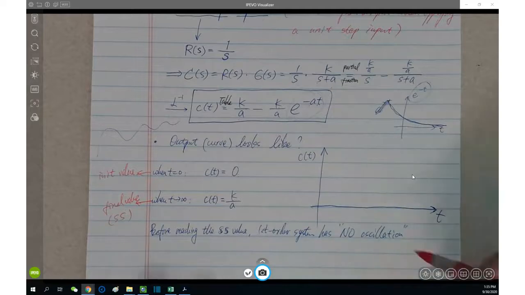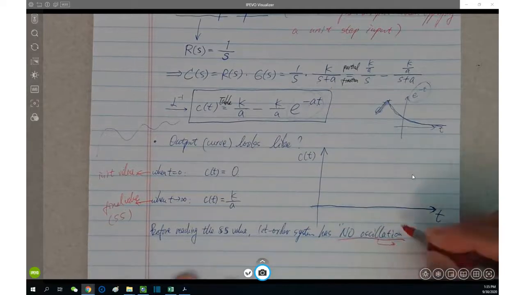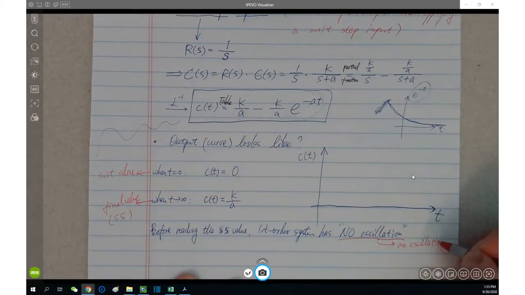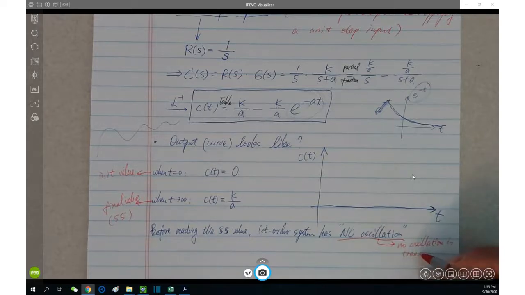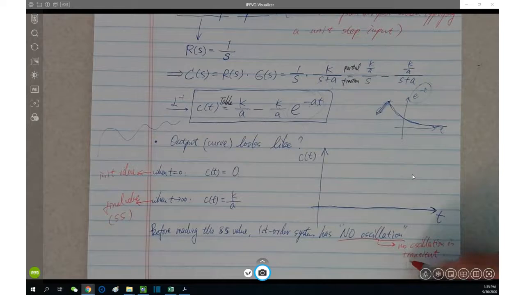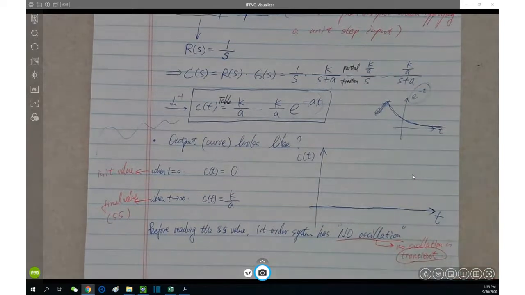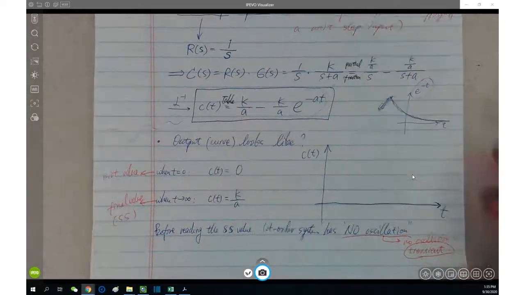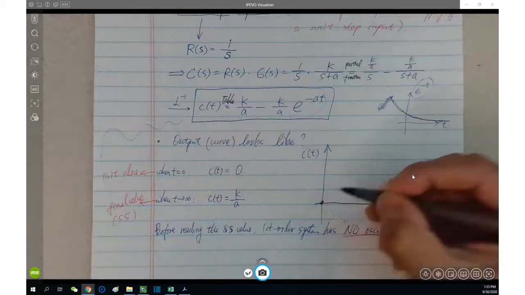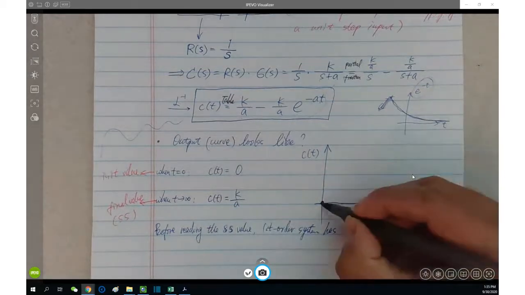And no oscillation means what? Means no oscillation in transient, right? In transient. So how to plot this curve into the axis?